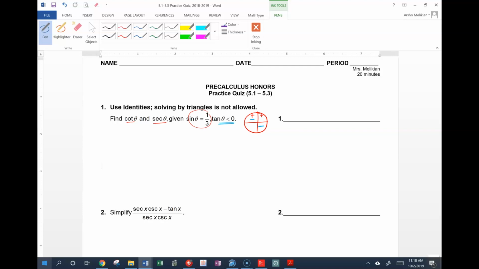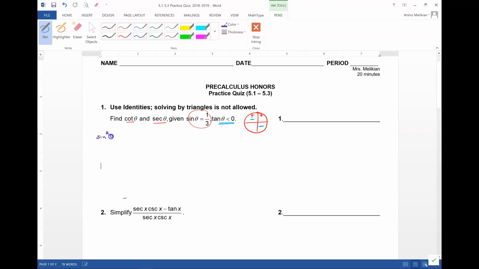So, sine squared theta plus cosine squared theta is equal to 1. Sine squared theta is 1 over 3 squared. There are no calculators allowed on this quiz, by the way. So 1 over 3 squared plus cosine squared theta is equal to 1. That means 1 over 9 plus cosine squared theta is equal to 1.